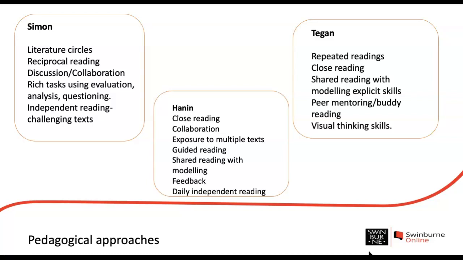So that would be my focus for her with her independent reading, more text selection, whereas Simon has a different focus. So see how we can make that work with each of our kids, bearing their needs in mind.